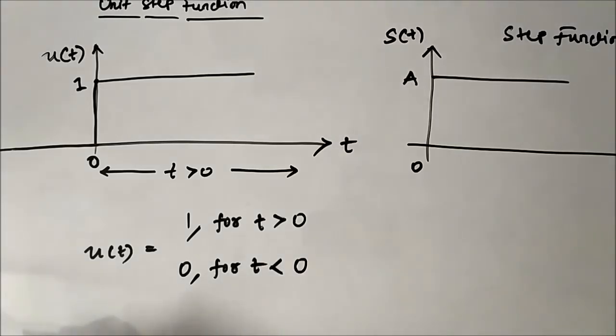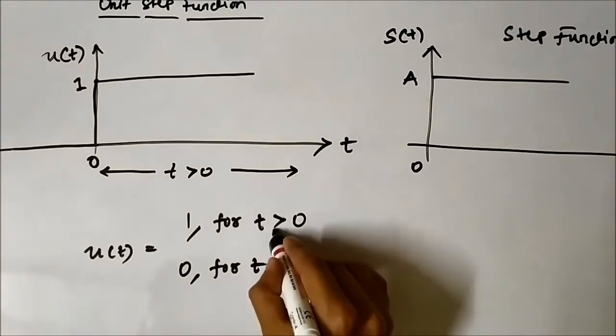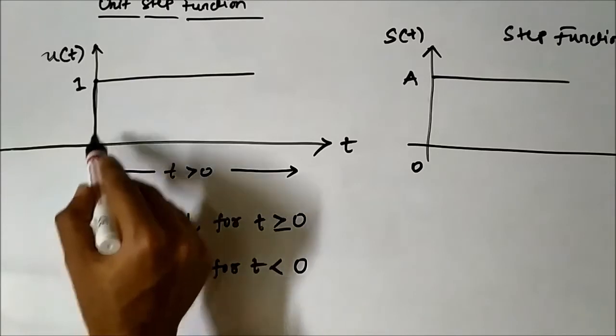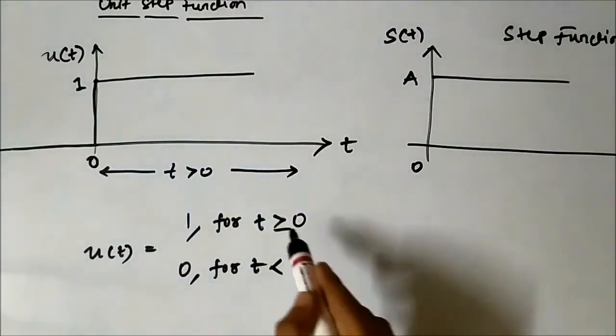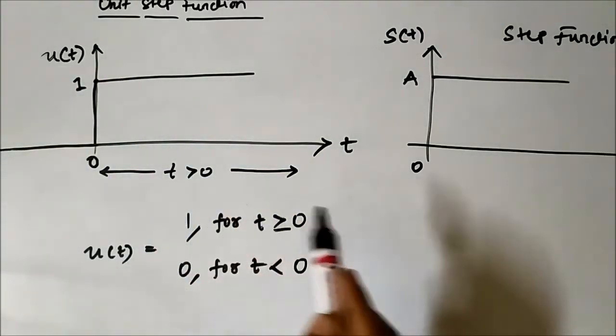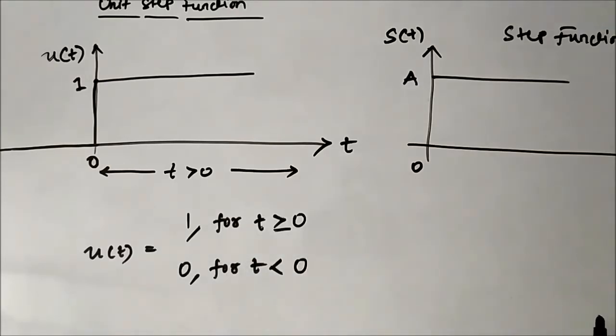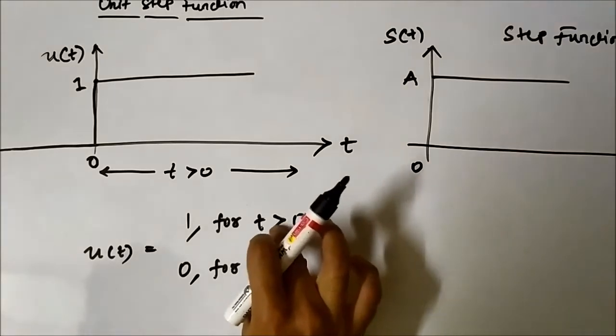Okay, it is actually here t greater than or equal to 0, because at t equals 0 it is also 1. So for t greater than or equal to 0 it is 1, and for t lesser than 0 it is 0. Now there is some confusion also. In some books this equal to sign is absent.